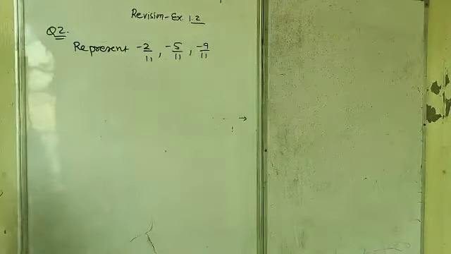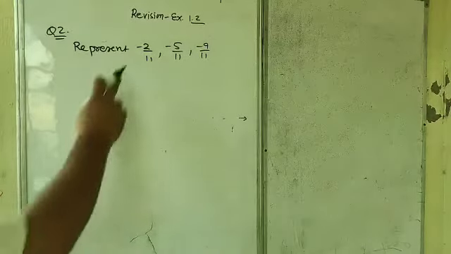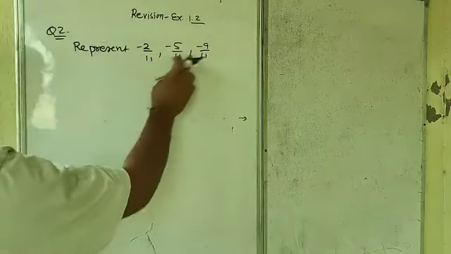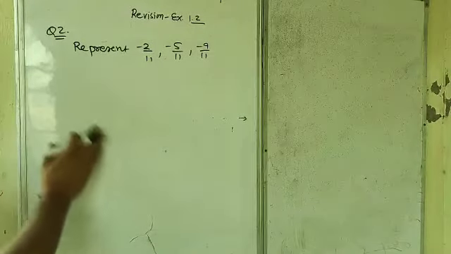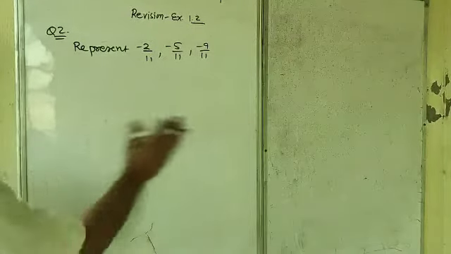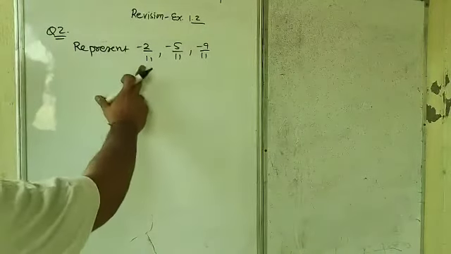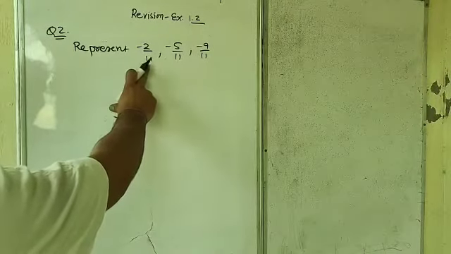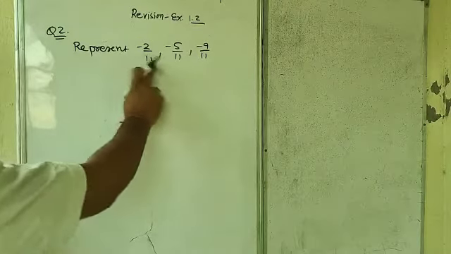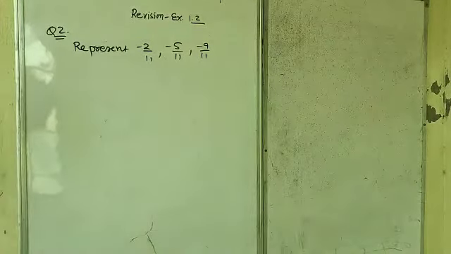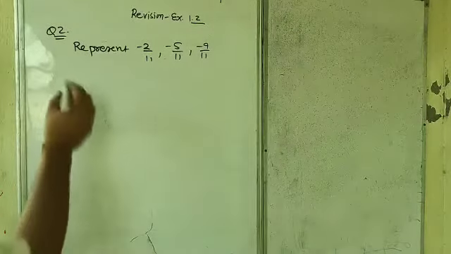You can do it by yourself. Here the denominator is 11 and all the numbers are negative, so we move to the left side of 0, and we partition each consecutive pair of integers into 11 parts. So do it yourself, try by yourself.